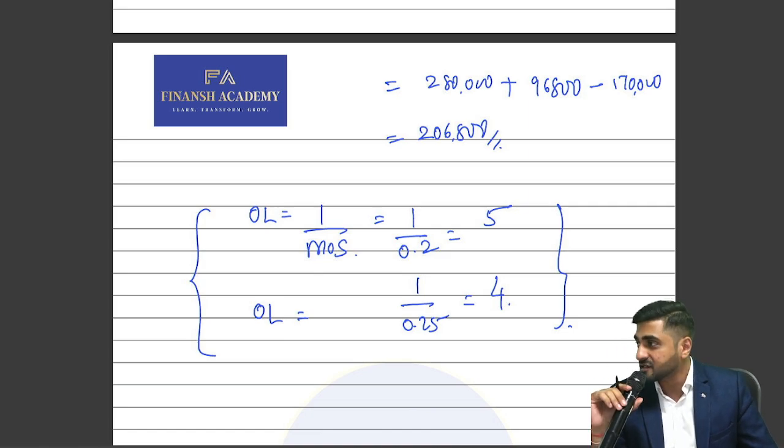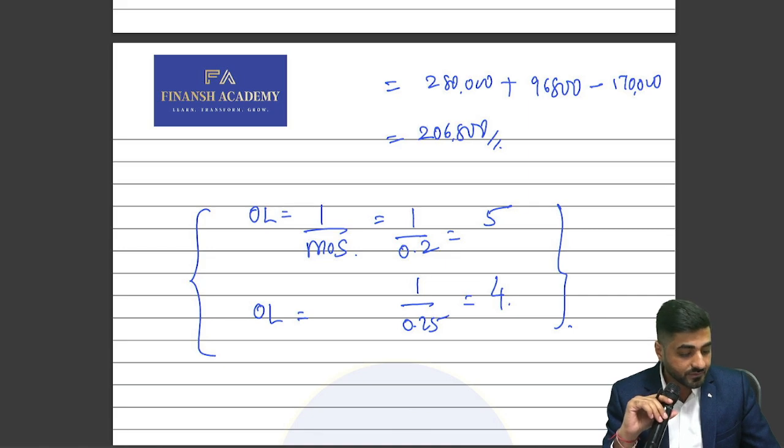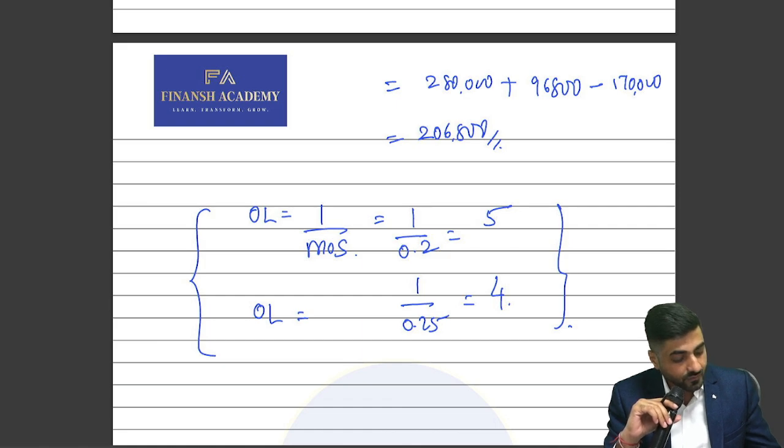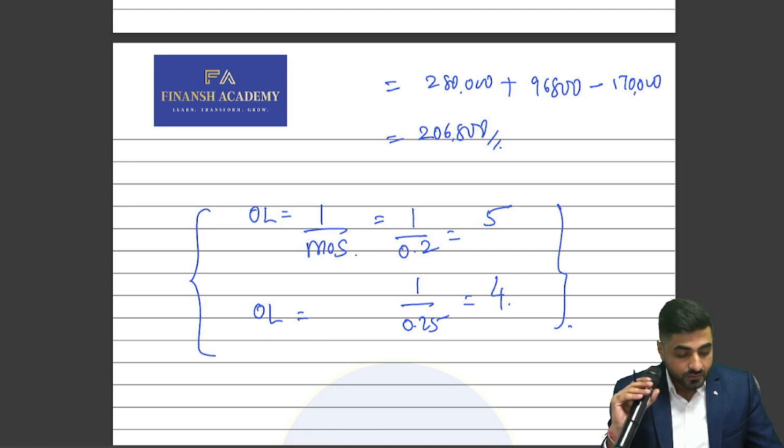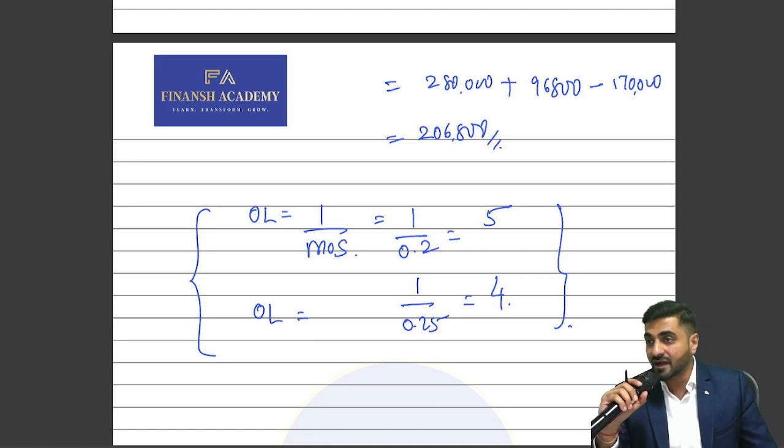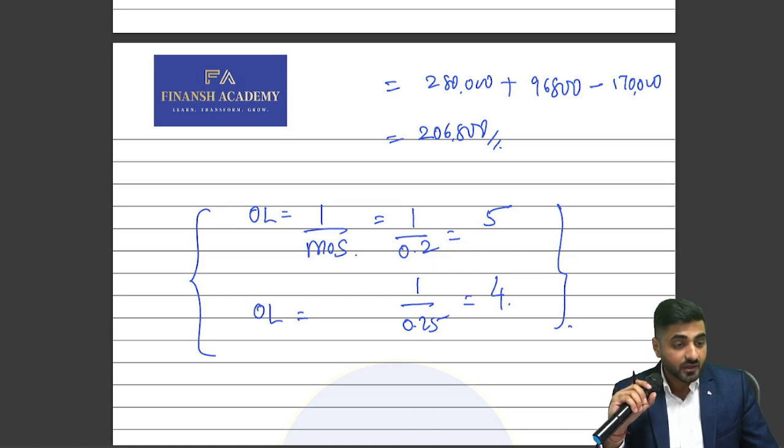Leverage is 1 divided by margin. You have calculated the operating leverage, guys. Okay.